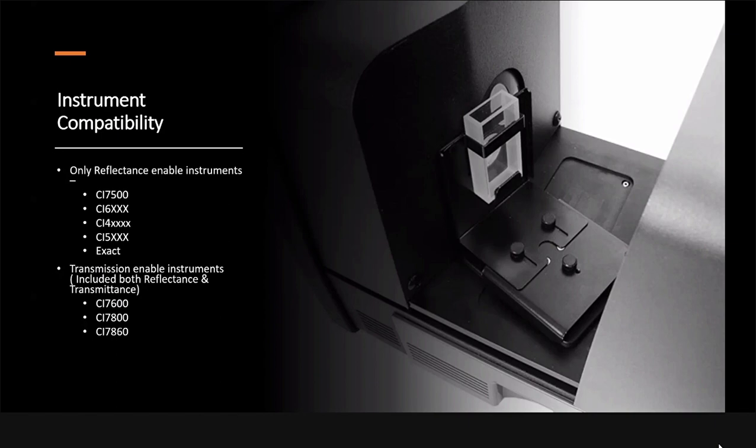In this case, if a customer is asking, I need to do transmission only, then we have to recommend 7600, 7800 or 7860. Or if the customer wants to do both, then also we need to recommend all three, because they have both compatibilities. If a customer needs to do only transmission, then also we can recommend these.